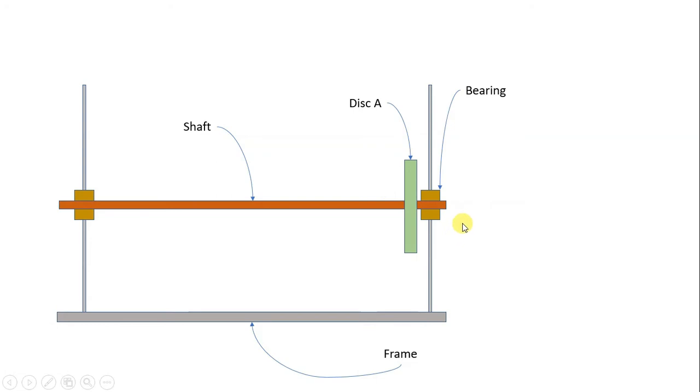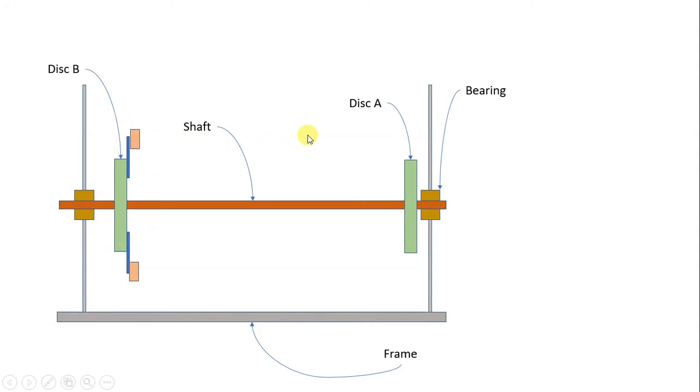On the right hand side of the shaft disc A is mounted, and on the other side disc B is mounted, and on disc B we have attached this cross arm, and on the cross arm we have attached weights, to change the moment of inertia of disc B for taking different readings.